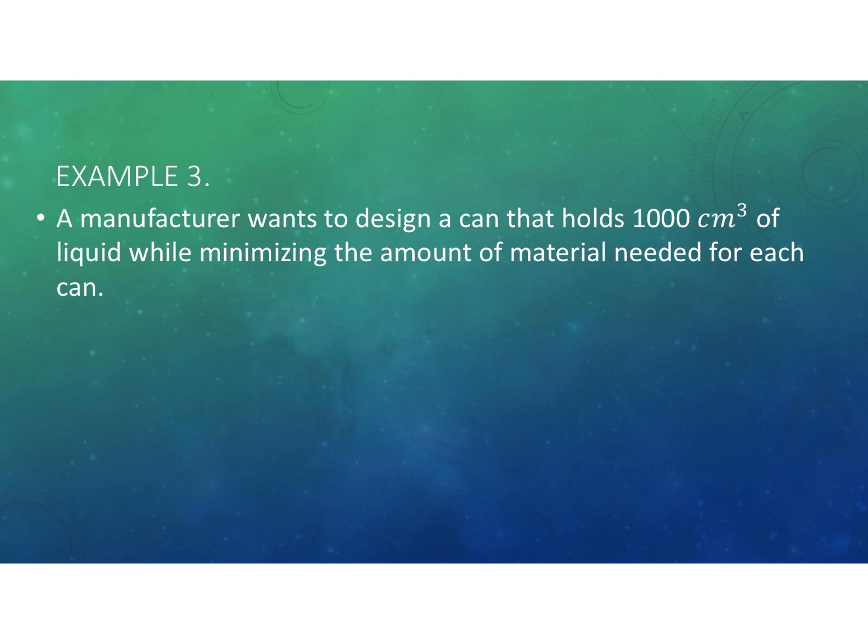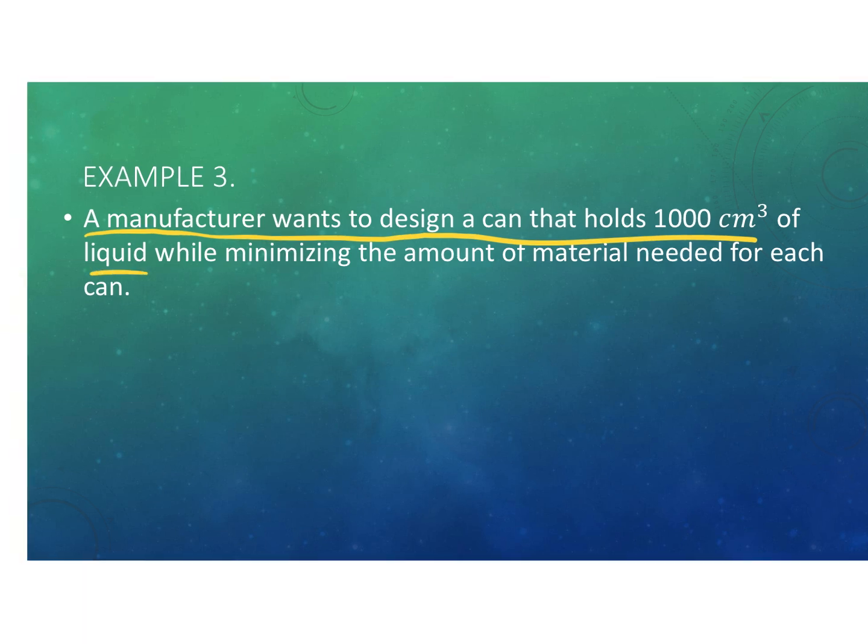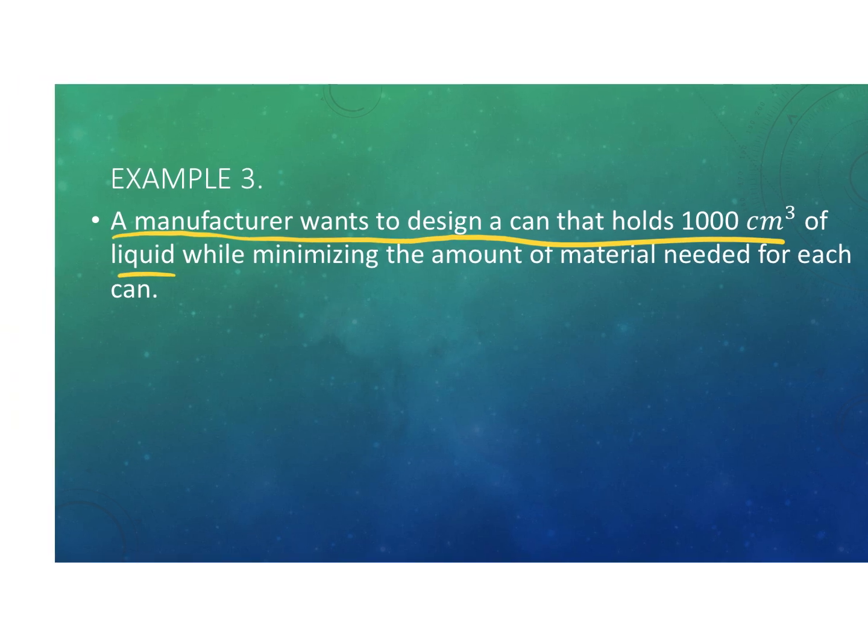A manufacturer wants to design a can that holds 1,000 centimeters cubed of liquid while minimizing the amount of material needed for each can. So let's separate this into our two equations here. A manufacturer wants to design a can that holds 1,000 centimeters of liquid. So if we're talking about how much liquid is in a can, what type of equation do you think we need here? The volume.